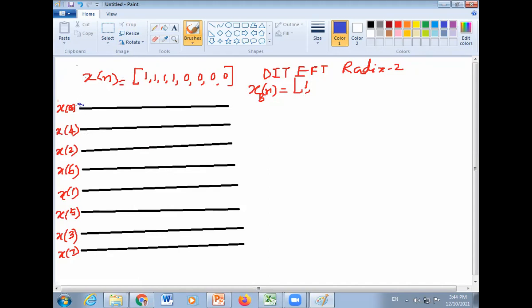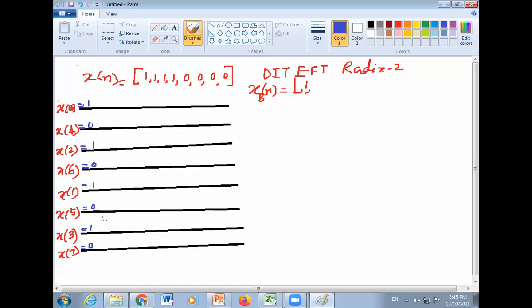So this value will be equal to 0 and this value will be equal to 1. The first value is 1, the second is 0, then x of 2 is 1, x of 6 is 0, x of 1 is 1, x of 5 is 0, x of 3 is 1 and x of 7 is 0.